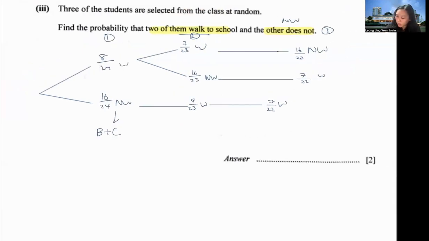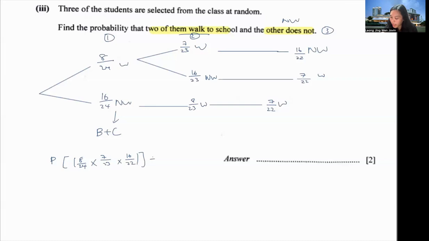We need to put them together. So to find the overall probability, it would be your first scenario, which is 8/24 multiplied by 7/23, multiplied by 16/22. So what is this scenario? This is my walker, walker, non-walker. Okay, that is the very first scenario.